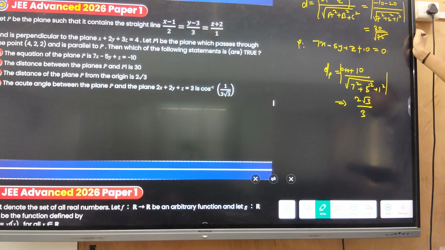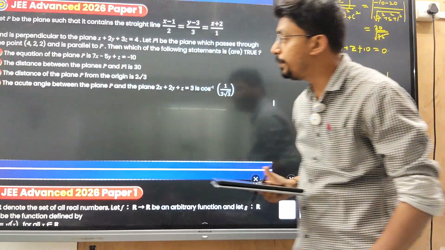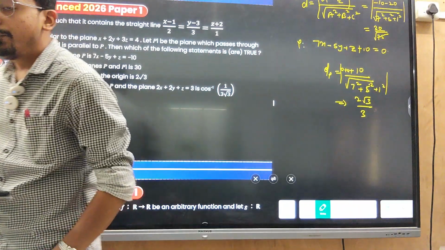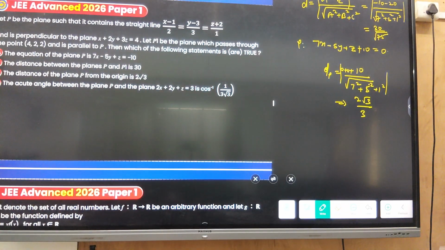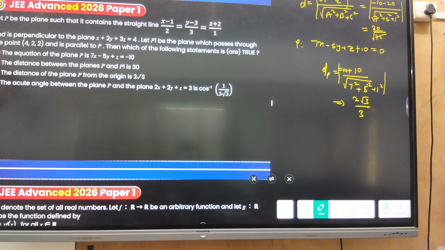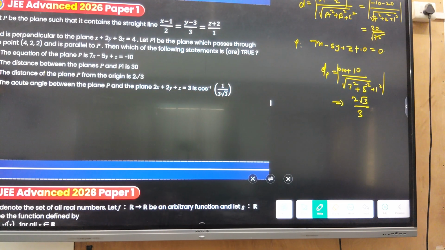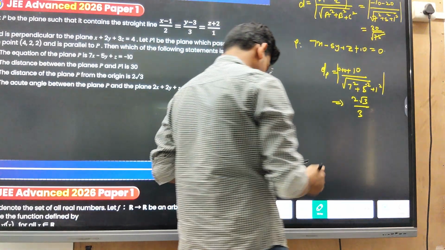Option C is wrong. In option D, the acute angle between the plane P and the plane 2x plus 2y plus z equal to 3 is cos inverse 1 by 3 root 3. For finding the acute angle between this plane P and this plane, we know the normals of these two planes. So the angle between the normals of these two planes will be the acute angle between these two planes.